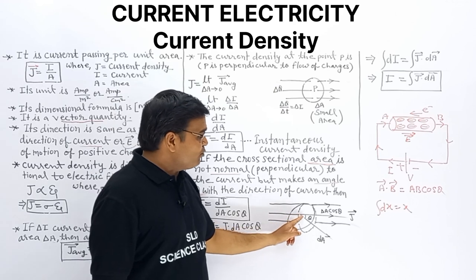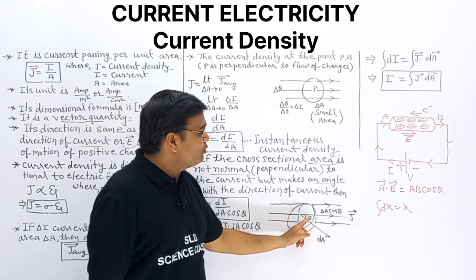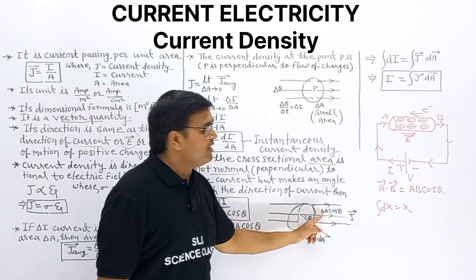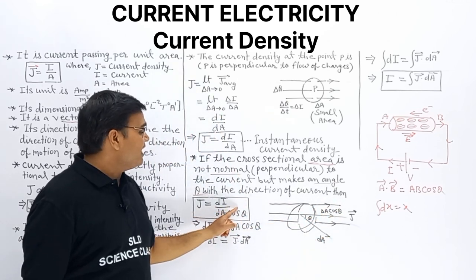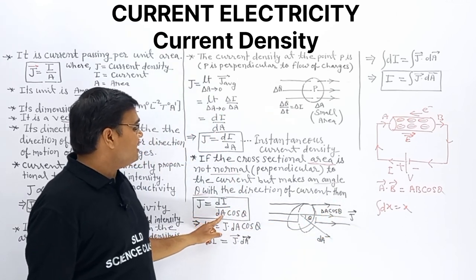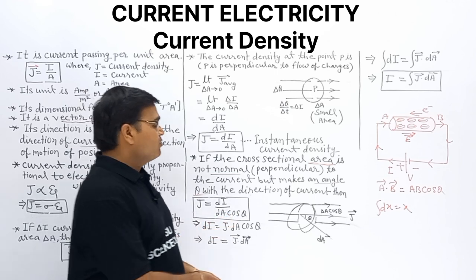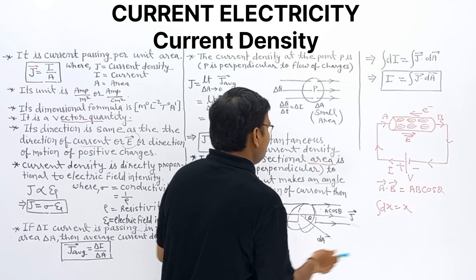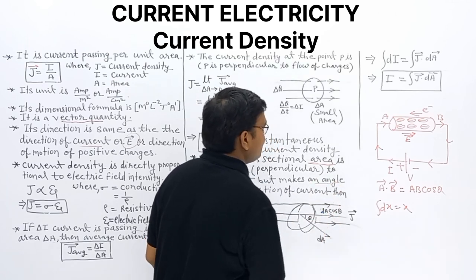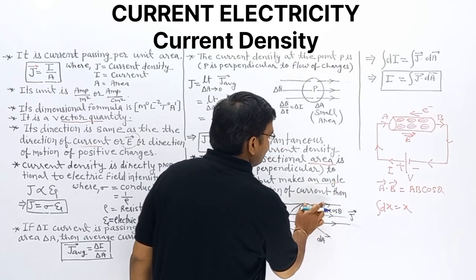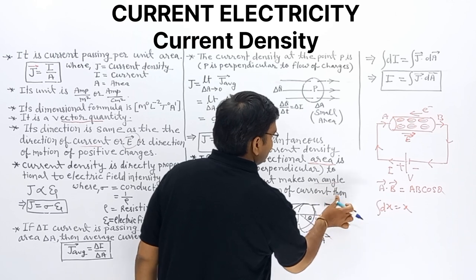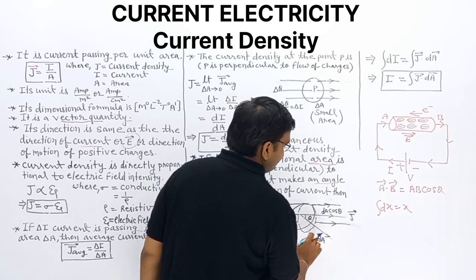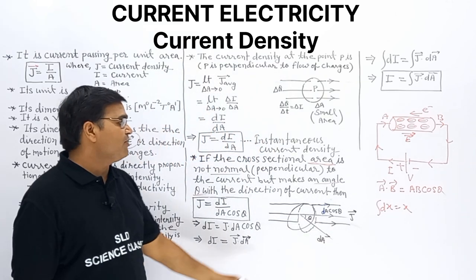It is moved by theta, so the area component will be dA cos theta. So we use dA cos theta in the place of the area. This is the component of this area dA.